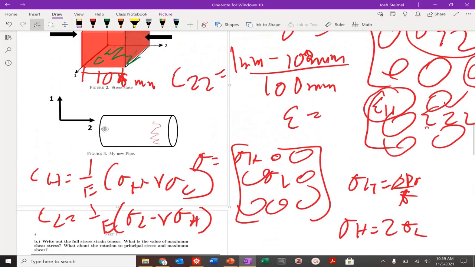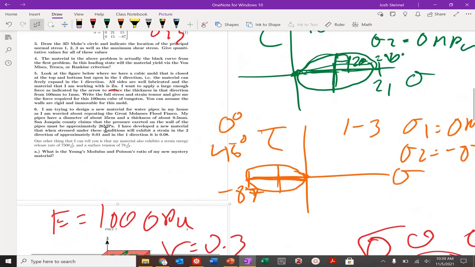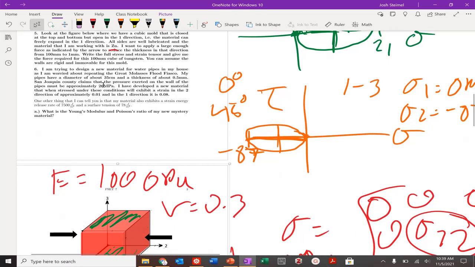Excellent. So let's see what else is given in the problem. San Joaquin County claims the pressure exerted on the wall of the pipes must be approximately 26 megapascals. I've developed a new material that when stressed under these conditions will exhibit a strain in the 2 direction of approximately 0.01 and in the 1 direction of 0.08.